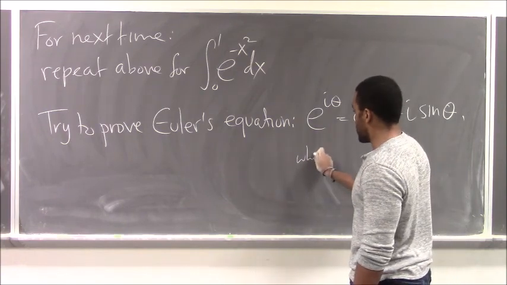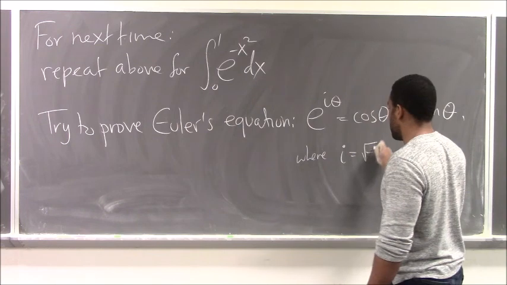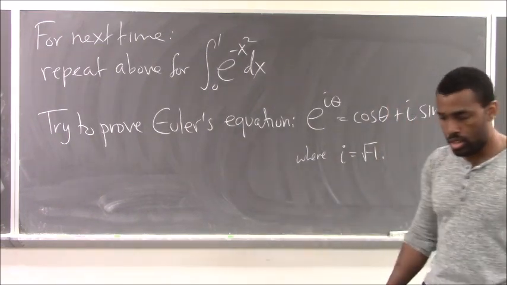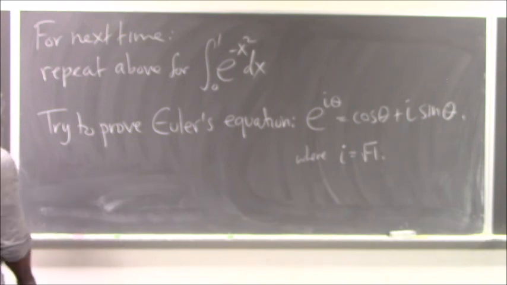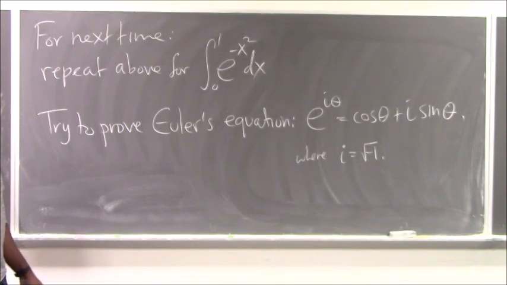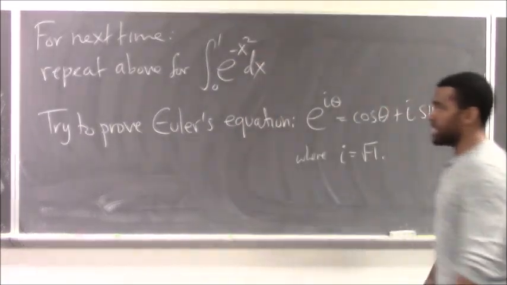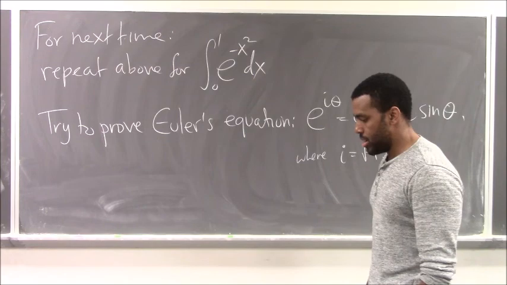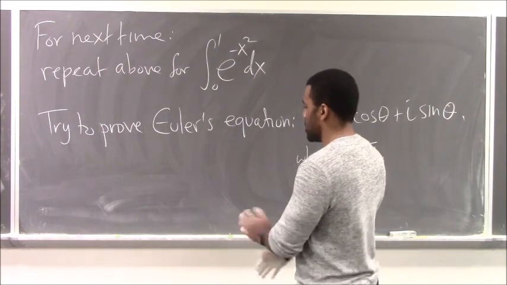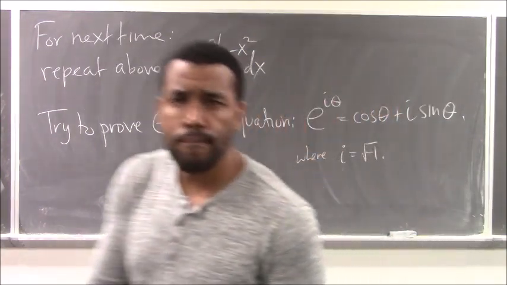By the way, here your i is the imaginary unit. i is equal to the square root of minus 1. You can use that definition. So do these for next time. I'll do these problems at the beginning of the next lecture. We'll talk about the binomial theorem, maybe some other cool applications, and yeah, that's it.